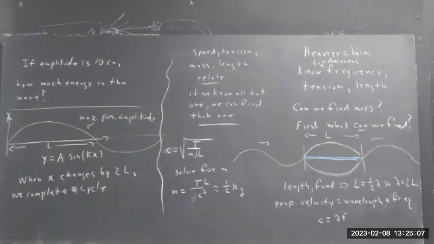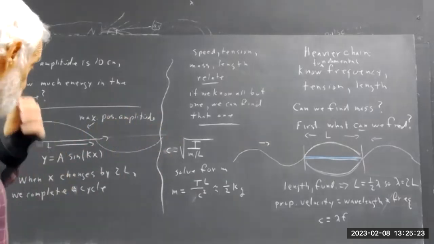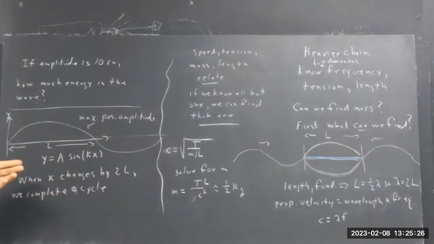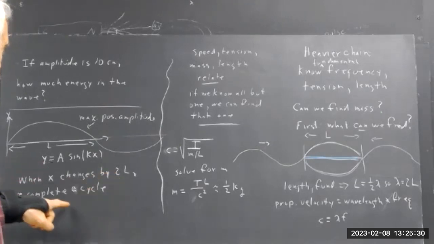Pretty obvious. X goes from 0 to 2L if your wave is in fundamental mode on a medium of length L. In this case, if X changes by 2L, we complete a cycle.